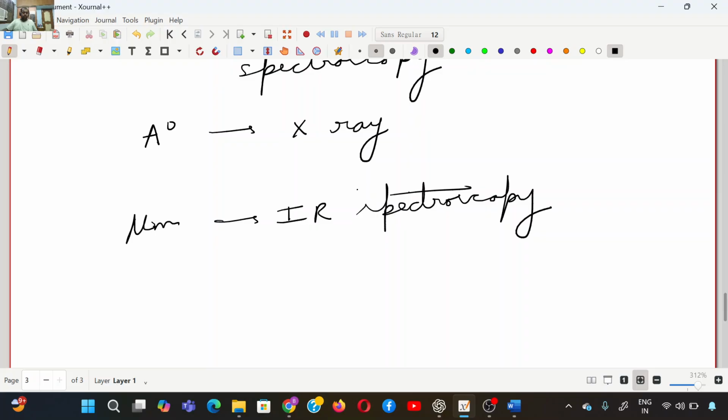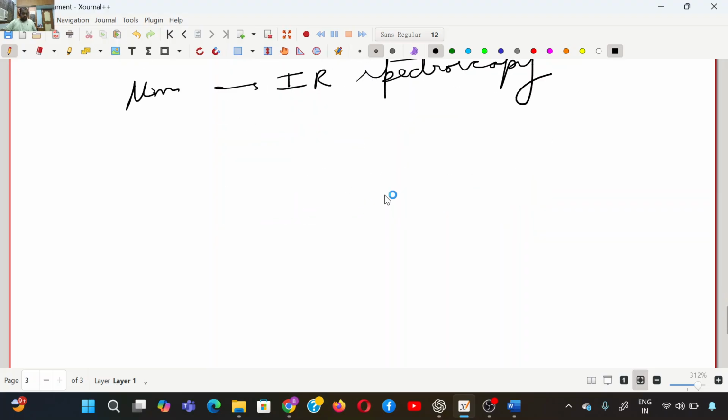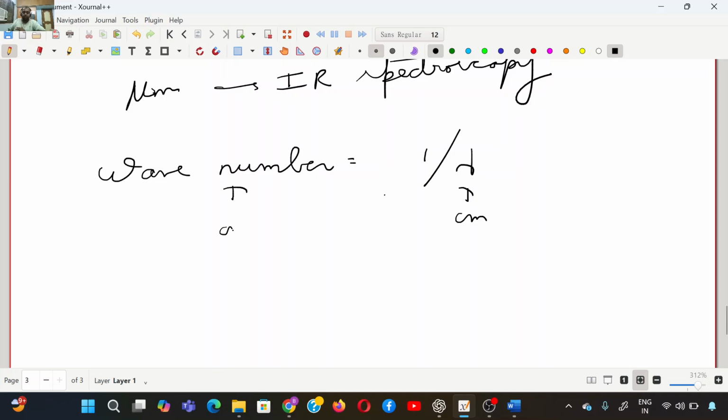Okay, so there is some other stuff, like there's something called wave number. Its unit is just 1 by lambda, where lambda is the wavelength. Lambda has units of length, for example centimeter. So wave number will have units of centimeter inverse.